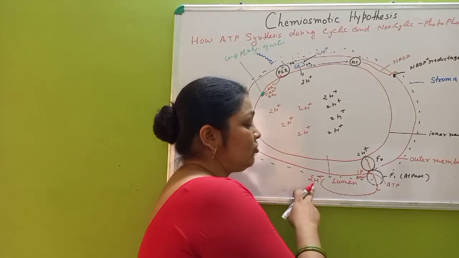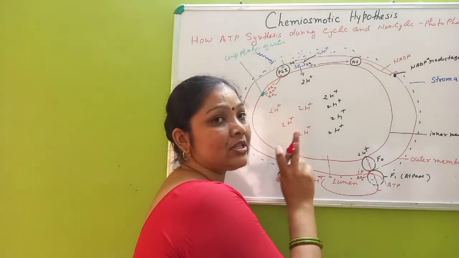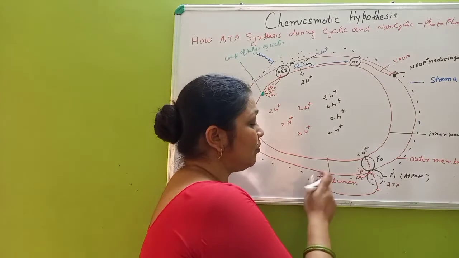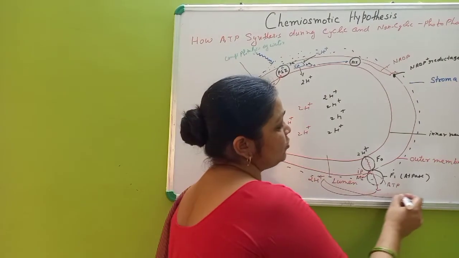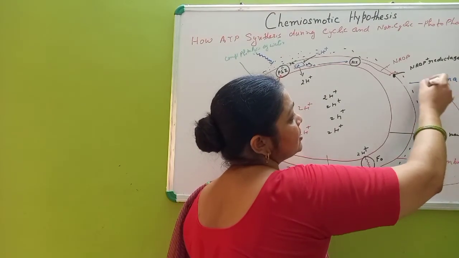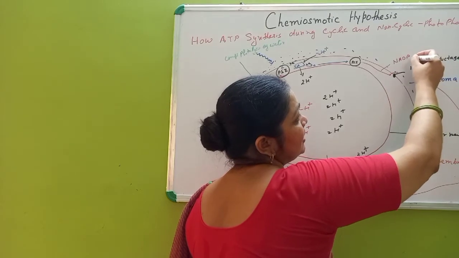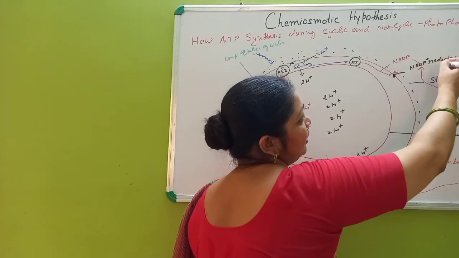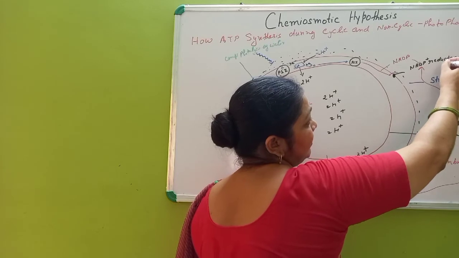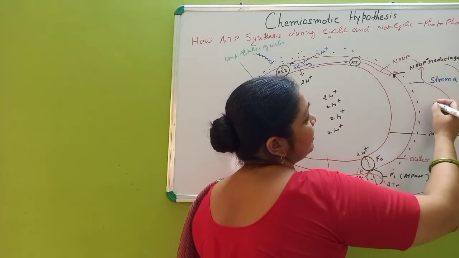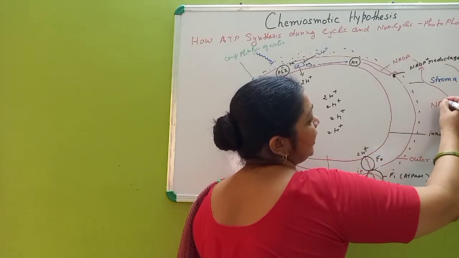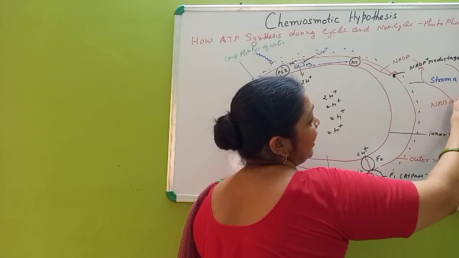So the electron that is needed, the proton that is needed for it will go from stroma into this. Suppose this is the, and this will go here, and with the help of this proton and this enzyme NADP reductase, the NADP gets reduced to NADPH2.